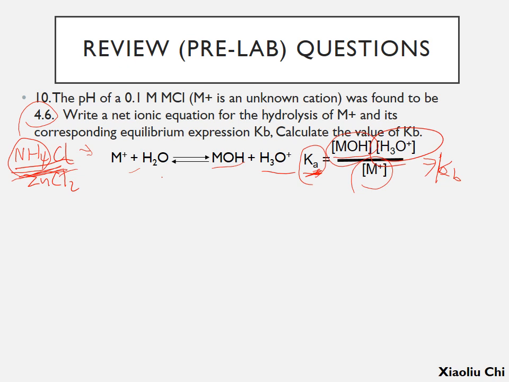For other salts, another thing I want to mention is, for example, zinc chloride. If you write the hydrolysis reaction, zinc is 2+, and it forms zinc hydroxide, Zn(OH)2, and therefore here the hydrogen ion coefficient should be 2. Okay, so you see the stoichiometry here, the coefficient is 2, and therefore when you write Ka, this should be 2.